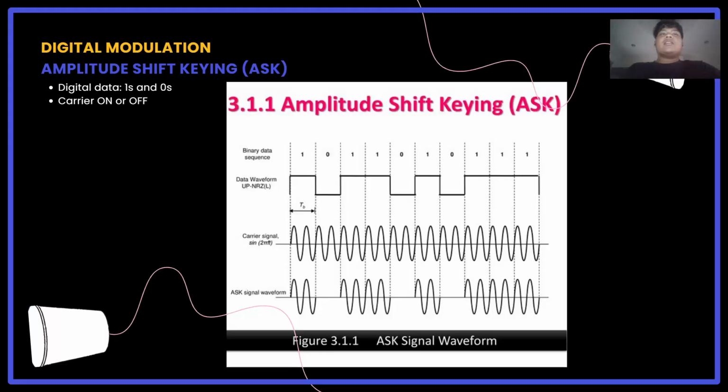The carrier signal is transmitted when the data bit is 1 and suppressed when the bit is 0. ASK is simple but sensitive to noise. For example, this is the diagram for the ASK. It starts from binary data 1010, the data waveform, and changes to the amplitude signal waveform.